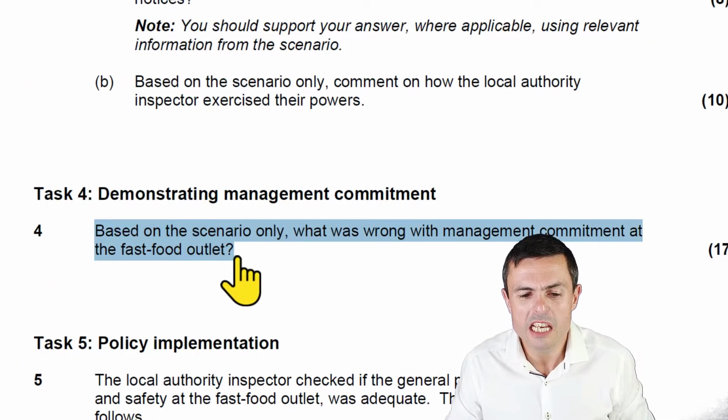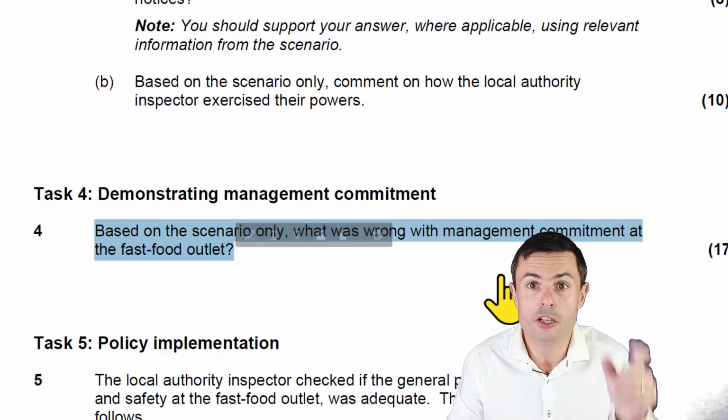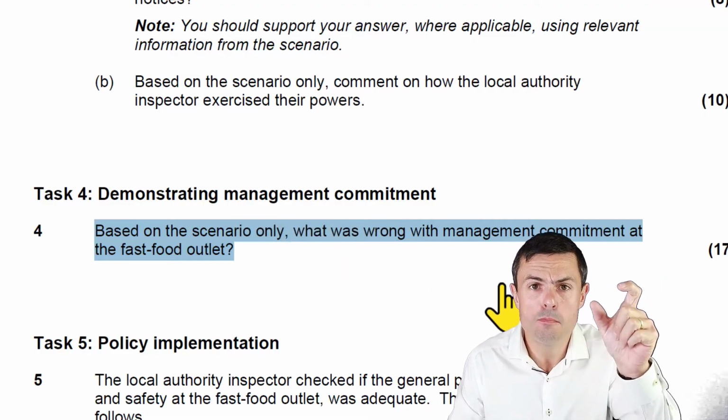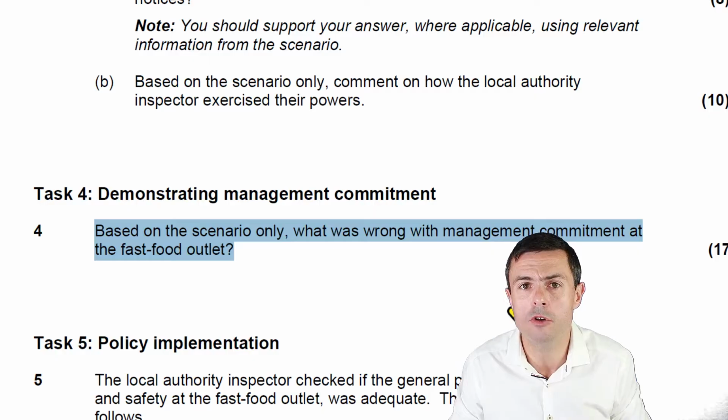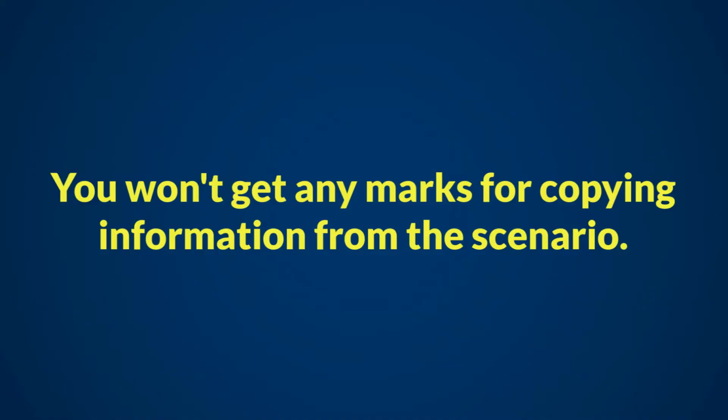So for example, that one there, based on scenario only, simply going through the text and copying and pasting bits that were wrong with the commitments, negative comments that were made, that's not going to get any marks. NEBOSH will not give you marks for just taking information out of the scenario and dumping it in your answer. That's just copying and pasting. They're going to want a bit more than that.